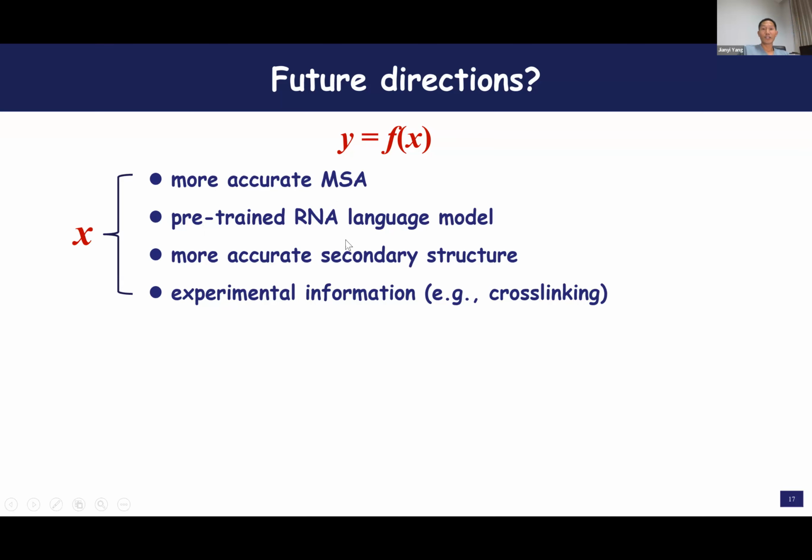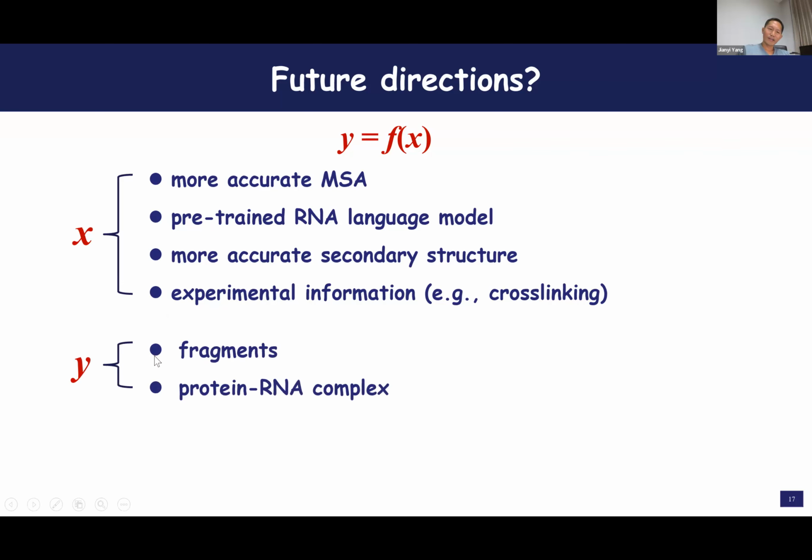Another one is secondary structure. As we said, our method relies on secondary structure prediction by existing methods, but sometimes these methods can also make a completely wrong prediction. So if we can have better secondary structure prediction, we can also maybe improve the 3D structure prediction. The last one is to have some experimental data to assist the modeling.